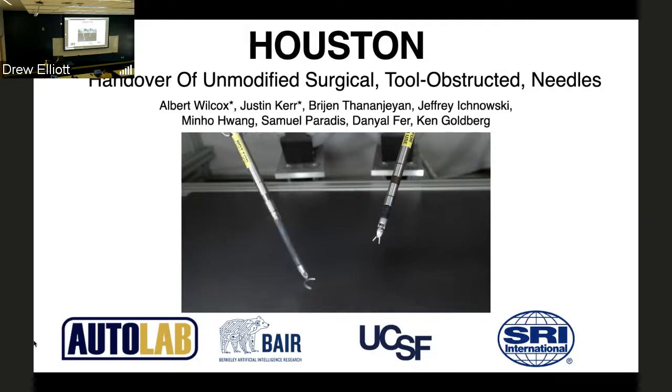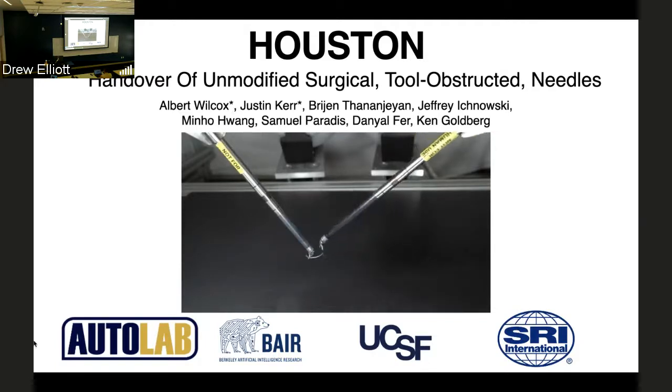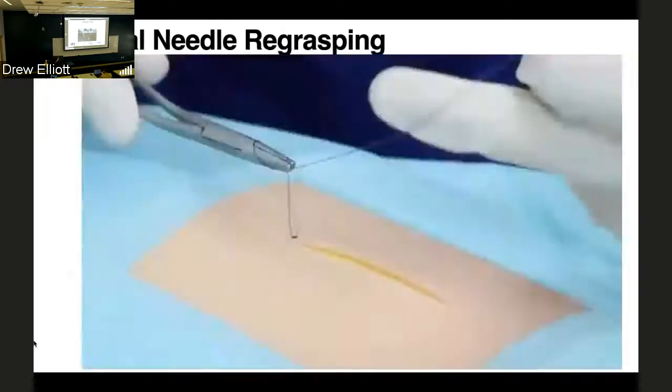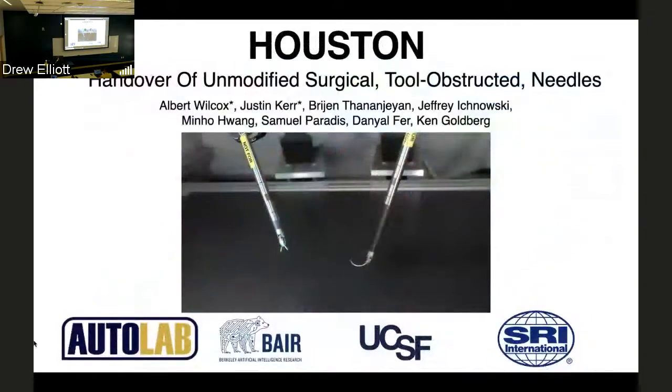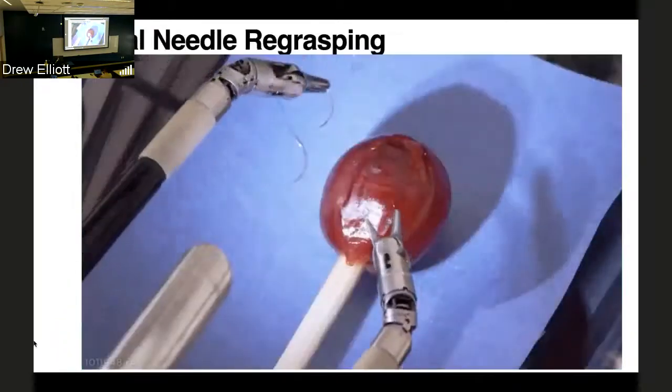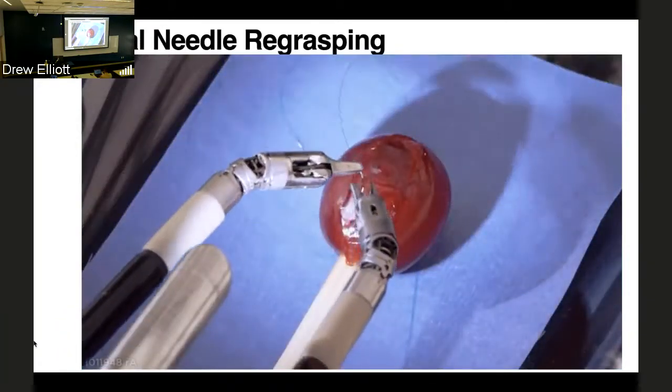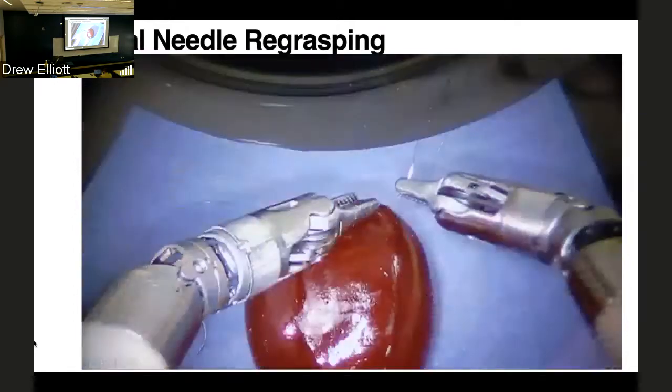Here our problem is the handover of unmodified surgical tool obstructed needles. Particularly, what we're trying to do is study the problem of handoff or handover where the needles are unmodified.